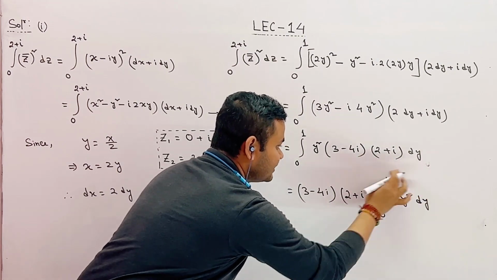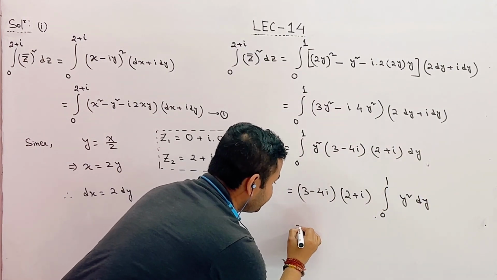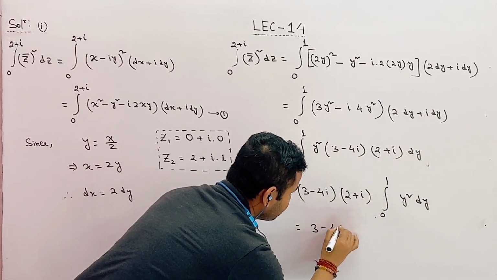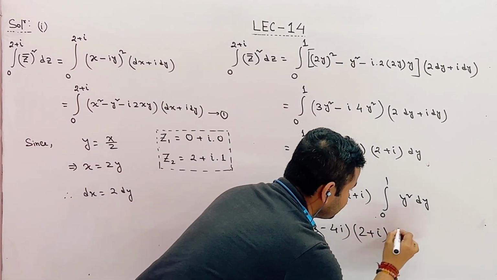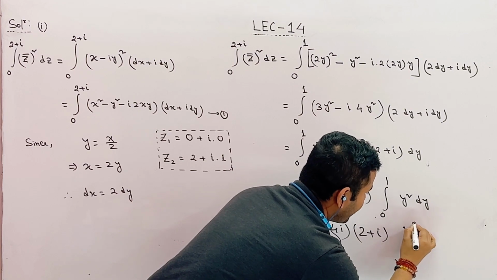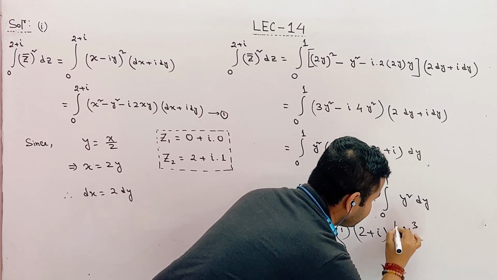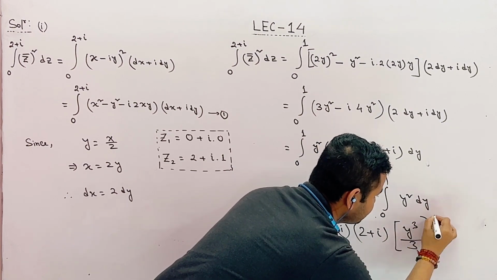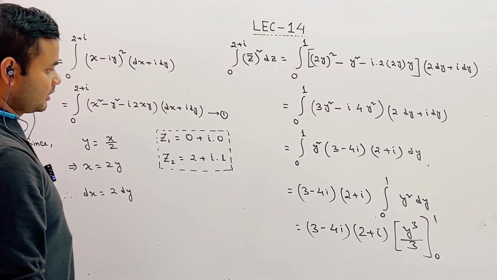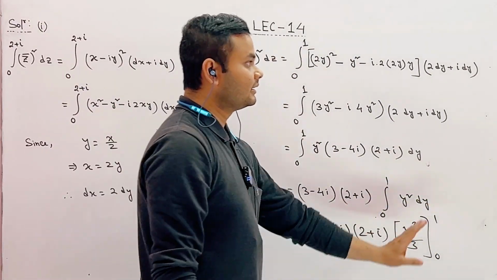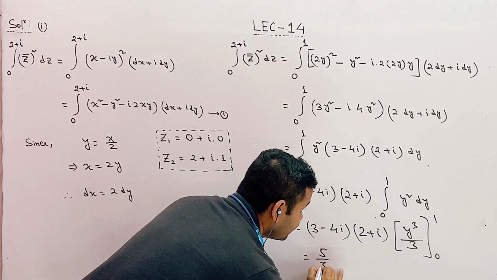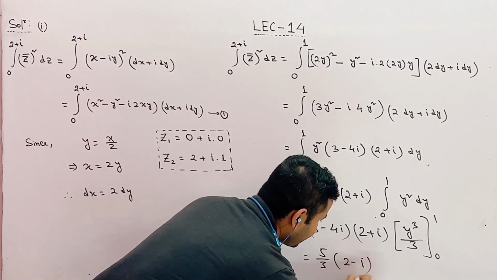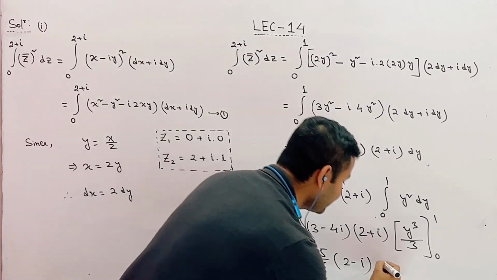After simplifying, we get (3 minus 4 iota) into (2 plus iota) into y cube divided by 3, limits 0 to 1. So after simplifying this part, we will get 5 by 3 into (2 minus iota), which is the answer.